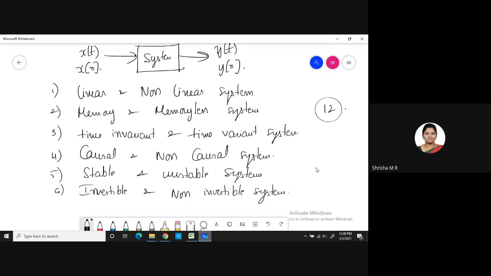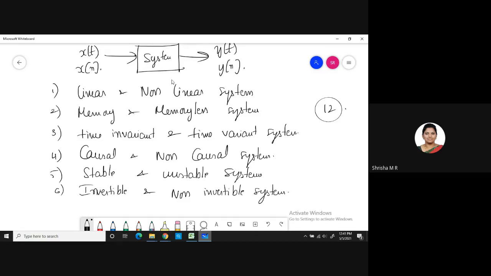So we'll first understand the basic notation of a system and how it works. As you can see here, we have a system represented by a block. The input of the system is x of t or x of n, and the output of the system is y of t or y of n. This output y of t or y of n will depend on the input x of t as well as the system property, or type of the system.